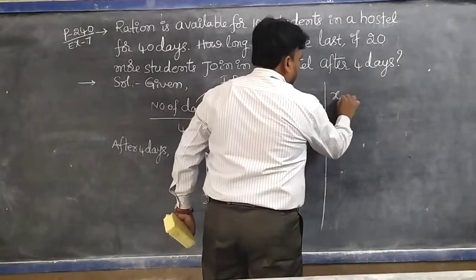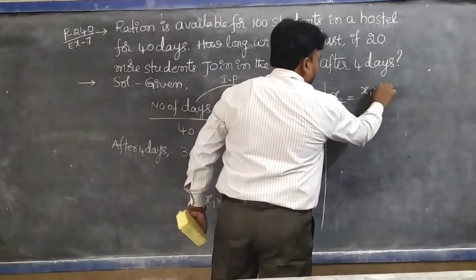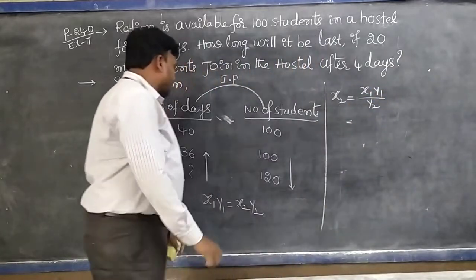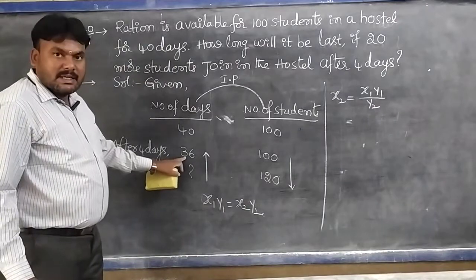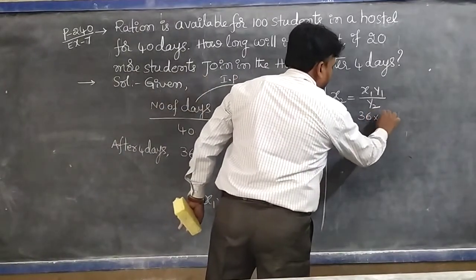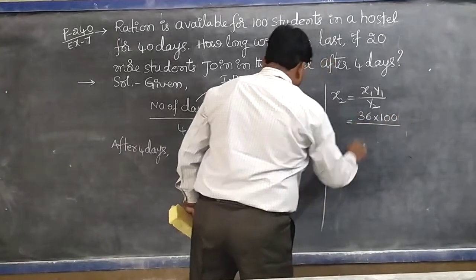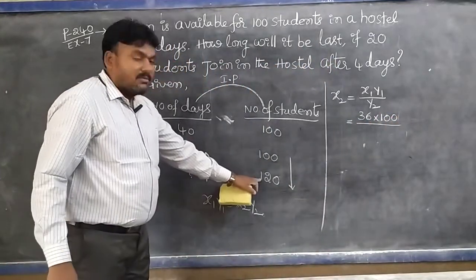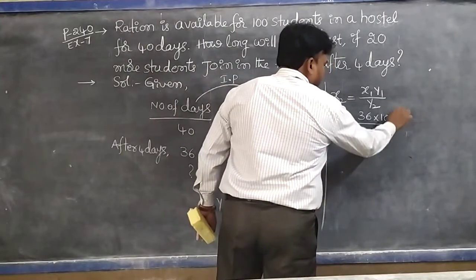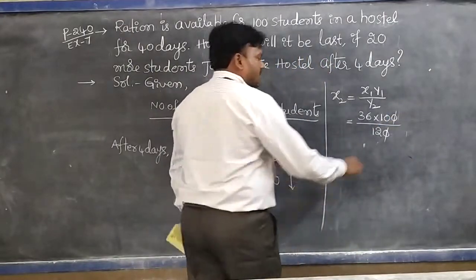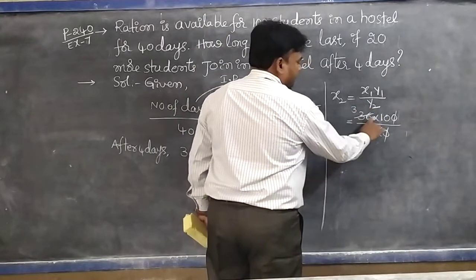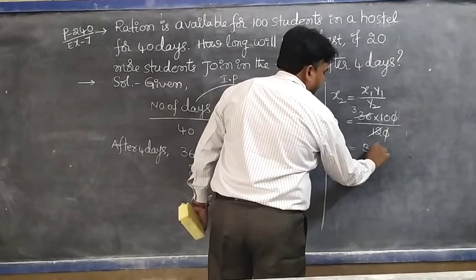What about x1? x1 value 36, y1 value 100. So 36 into 100 by, next y2 value, it becomes 120. Okay students, 0 0 get cancelled. Next 12 1s are 12, 12 3s are 36. Finally what you get? 3 into 10, it becomes 30.